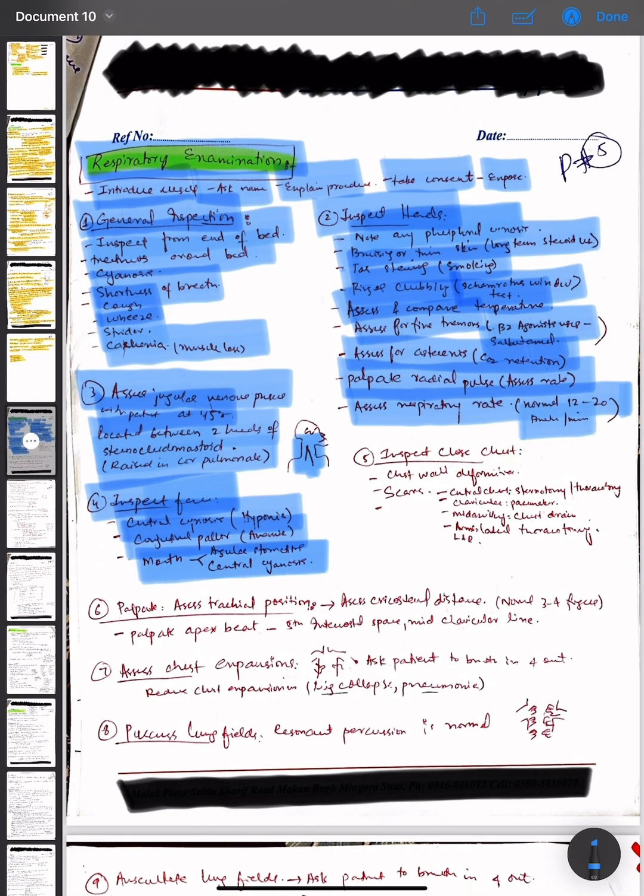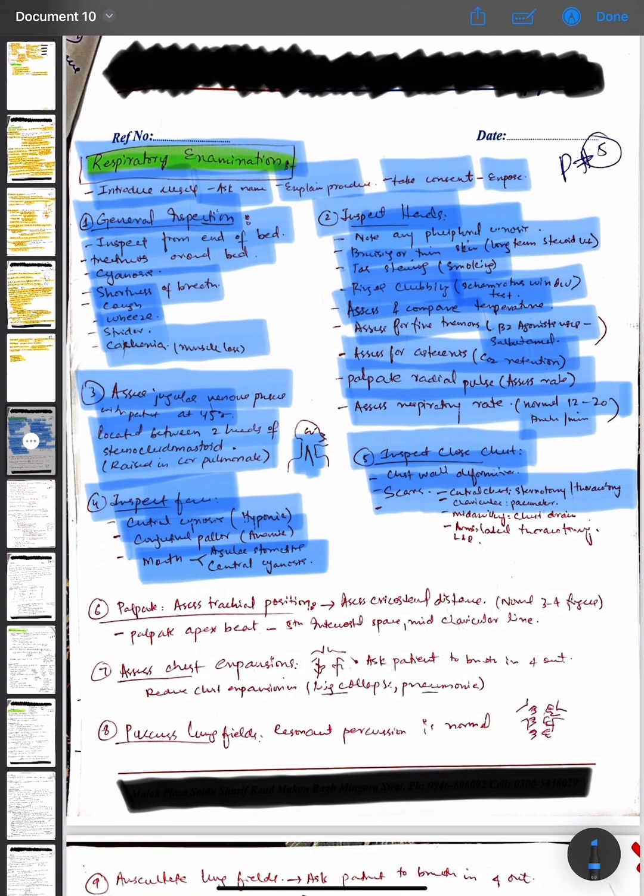Then the fifth step is to inspect the chest closely. You have to see the chest wall deformities, that is, what type of chest it is. Then you have to check for any scars. On the central chest, commonly a sternotomy or thoracotomy is done, so you will check for those scars.